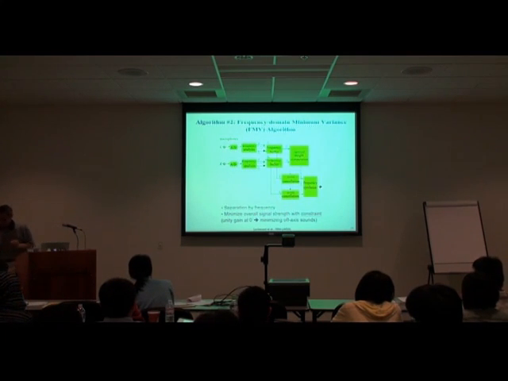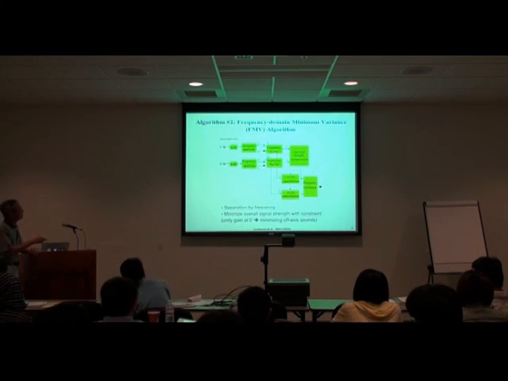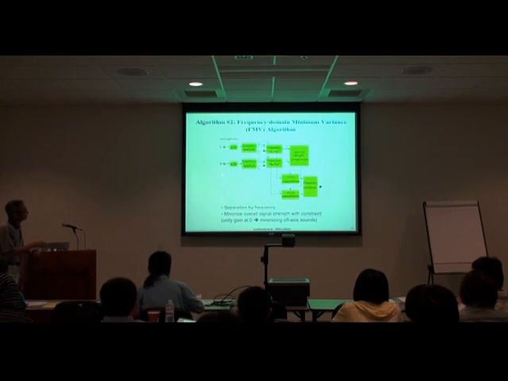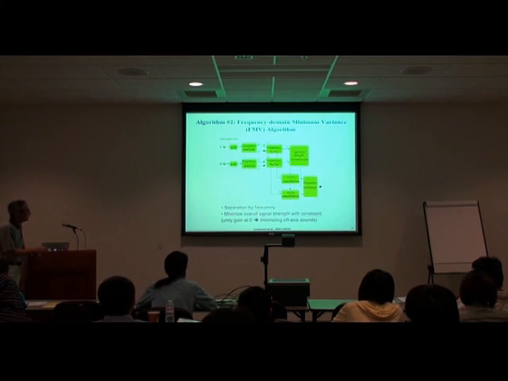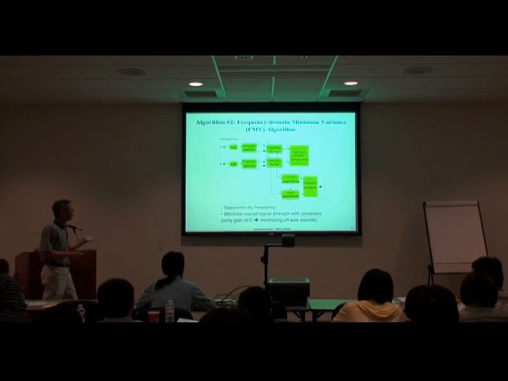So then let me describe the second algorithm that we developed. This is called a frequency domain minimum variance algorithm. So we do as we did in the previous algorithm. We separate the signal by frequency. Then all we have to do is just minimize the output energy under a constraint.